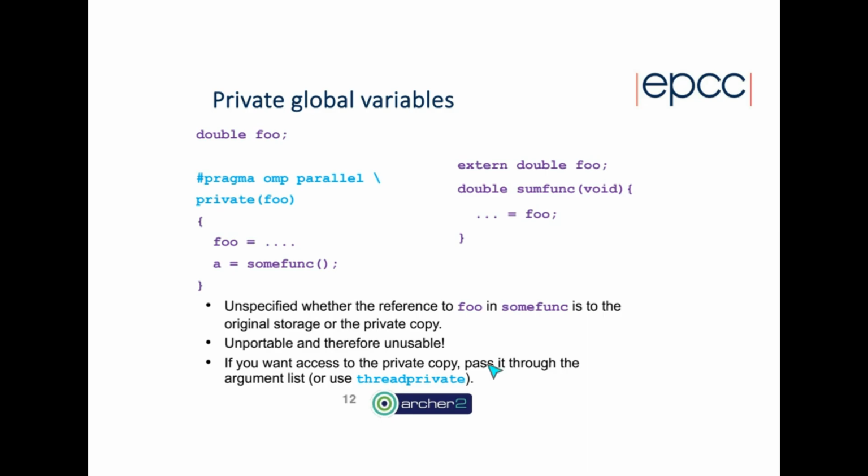So if you really want to access the private copy, then you need to pass it through the argument list. Or if you really want private copies of global variables, then you can use threadprivate. Not a nice feature, but sometimes that's just the simplest thing to do.